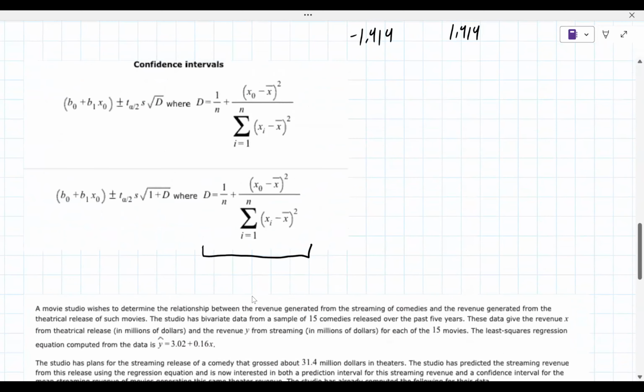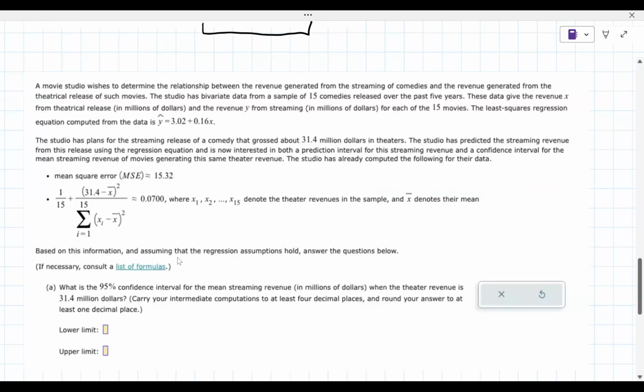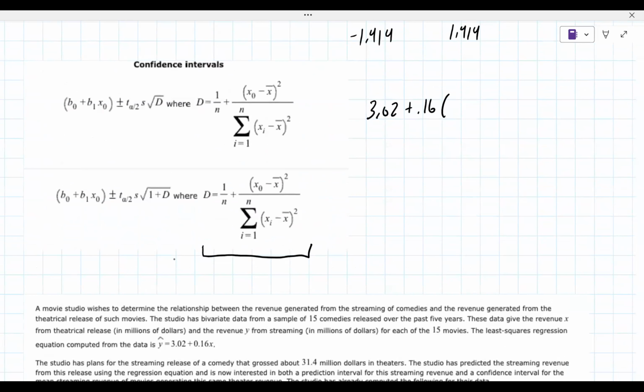B0 is the 3.02 plus 0.16. Now this X0 here is giving us 31.4. So that's the first part of this calculation, plus or minus.